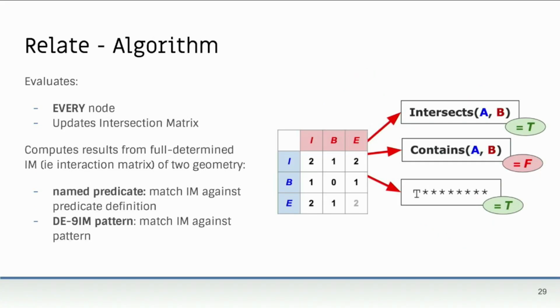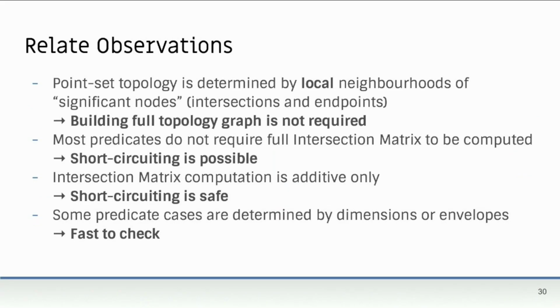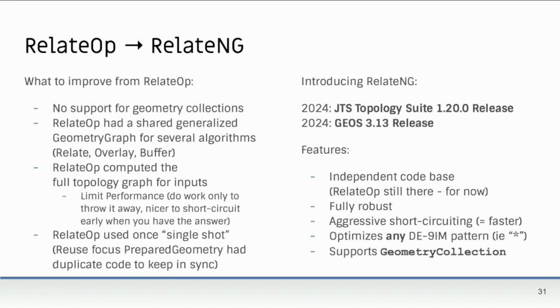But we have a fundamental problem here. It evaluates for every node in that little graph. And so if you don't use all of that information, it's doing extra work. And for something that's executed billions of times a day, it would be really nice to optimize. So here are some of the optimizations we'd like to do.